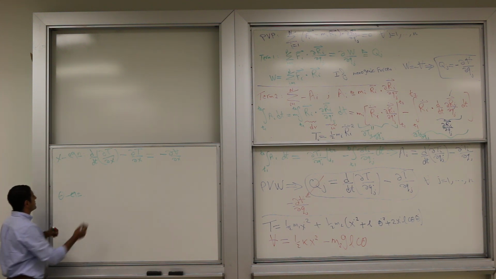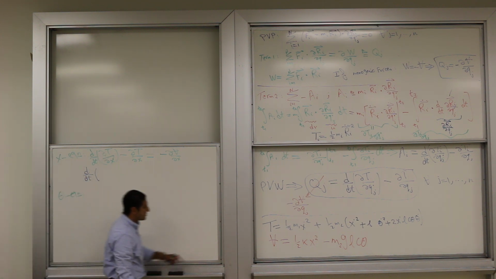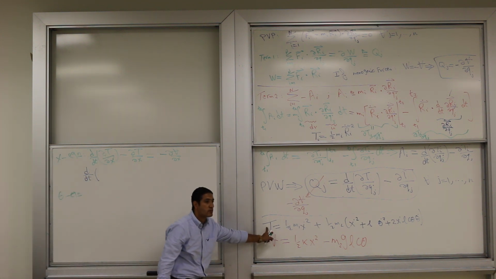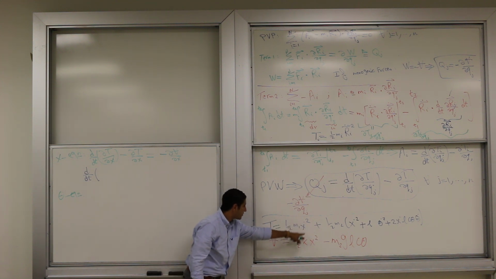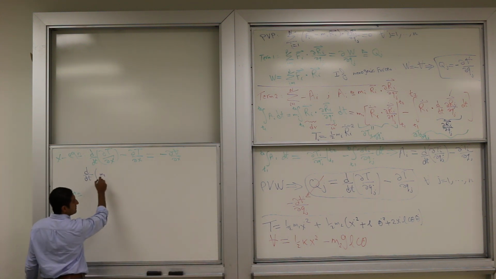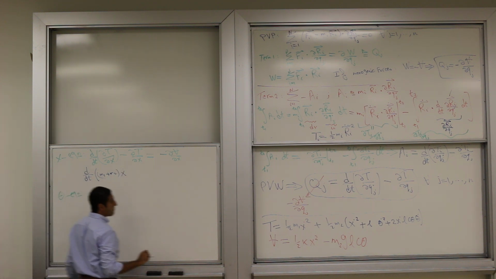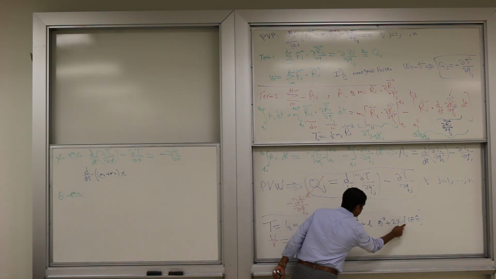So let's do it. This is d by dt, partial T, partial x dot. Please go and differentiate this with respect to x dot. 1/2 m x dot squared, so this is 2x dot, right? So I have m1 and also m2 actually, x dot. I also have this term in x dot.